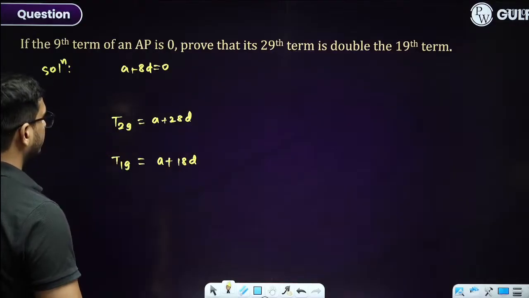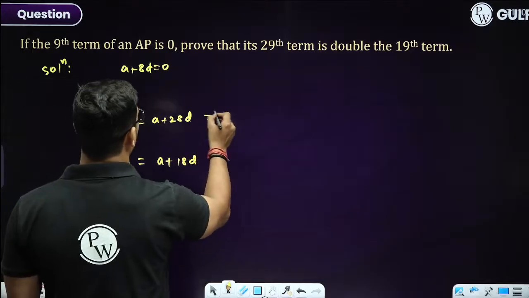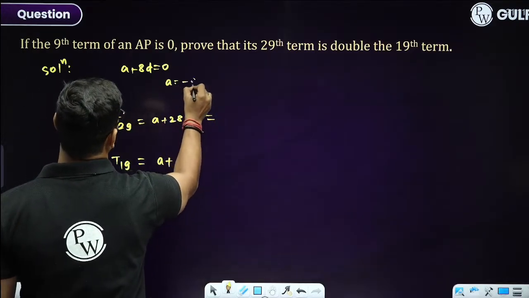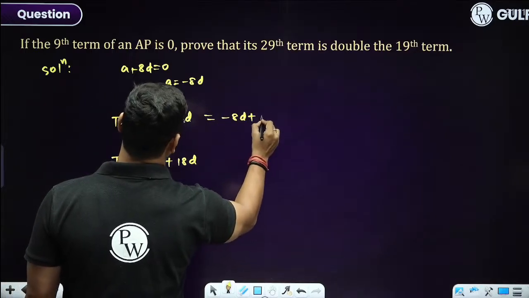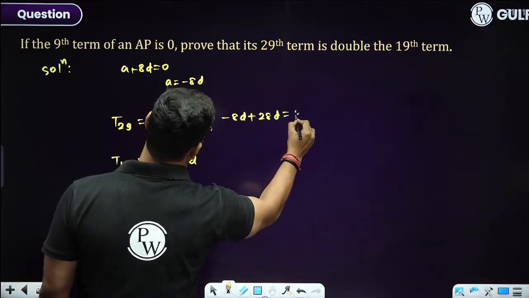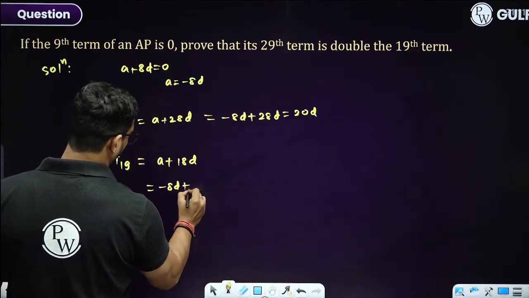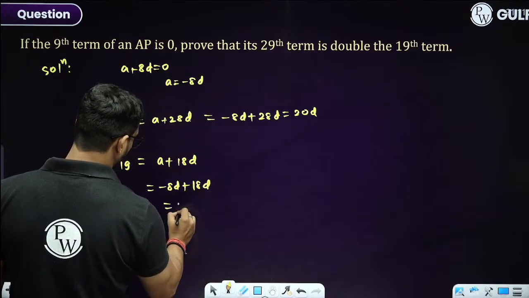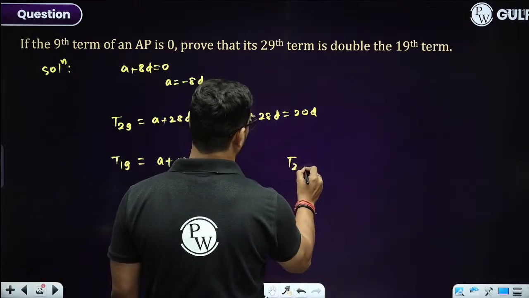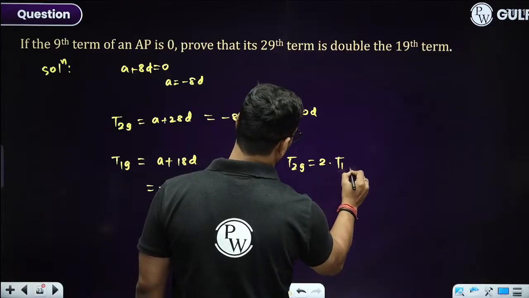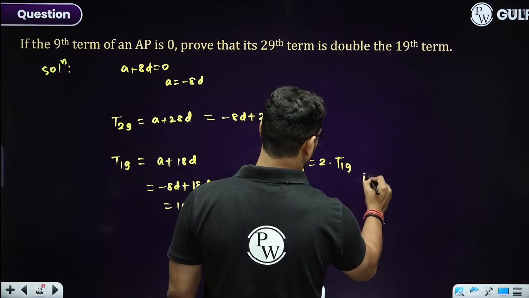Can we just write this? A is minus 8D. So minus 8D plus 28D equals 20D. And here we have minus 8D plus 18D equals 10D. Simple. So T29 equals twice of T19. Proved. Right?